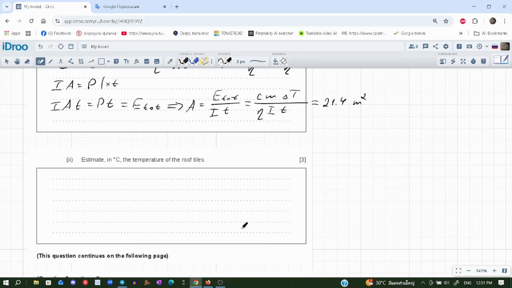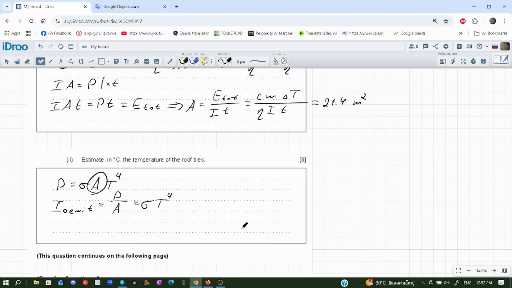The power that is radiated by a black body equals sigma area T to the power 4, and intensity that is emitted, let's denote it as I0 emit, equals the power over area, and it equals sigma times T to the power 4.